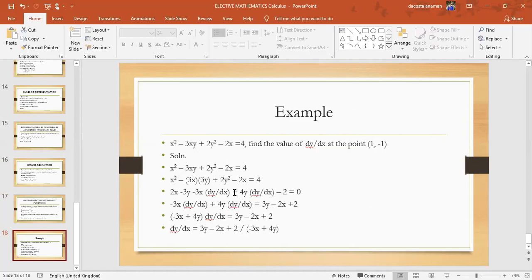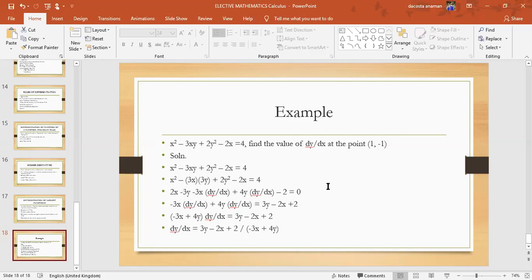So this is how you solve it. You differentiate it individually. But before you differentiate it, you will check and you will see that you have a product here, that's x and y. So you use the product rule to differentiate it, or you can separate it. Any of them goes. So you'll be having x squared minus 3x into bracket 3y, plus 2y squared minus 2x is equal to 4.